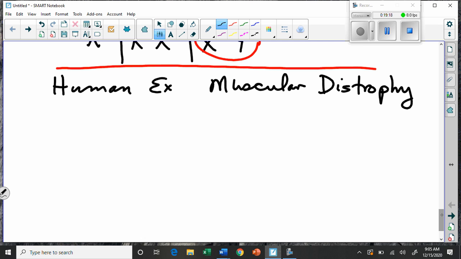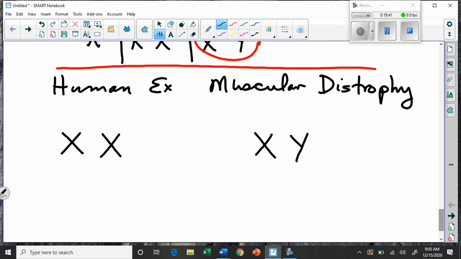So let's take a human, and let's say that we have a female, right? And we have a male. We'll put them here. Now let's say that the male has no history of muscular dystrophy in their family at all. None. Right?